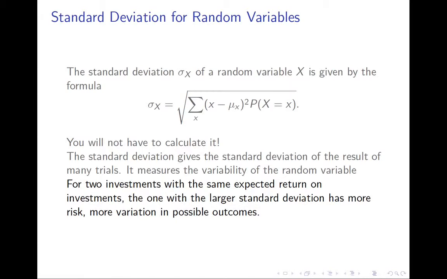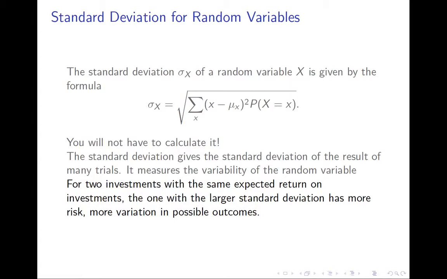Why is that? Because, of course, what you want from an investment is a high expected return. In the long run, an investment with a high expected value, high expected return, will earn you more money. So in the long run, all you care about is the expected return. But in the short run, the variability really matters.